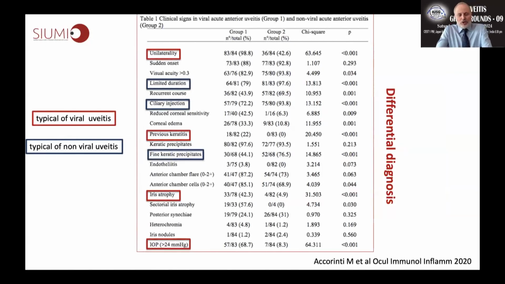So it is possible to distinguish in acute uveitis if the patient has a viral uveitis or a non-viral uveitis.